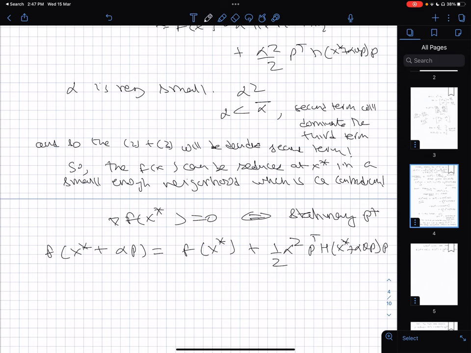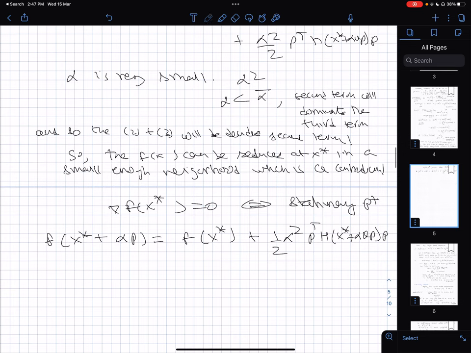So now the behavior of the function at x star, being a stationary point, is completely determined by this third term. Now this third term, I should write it more explicitly. I will write it as alpha square by 2, psi of something.